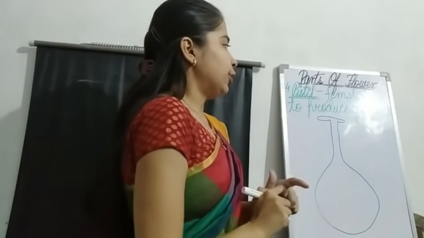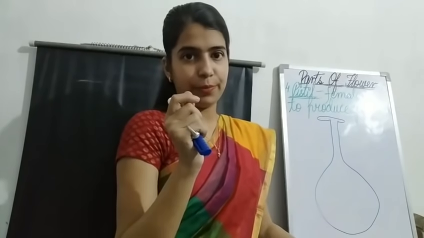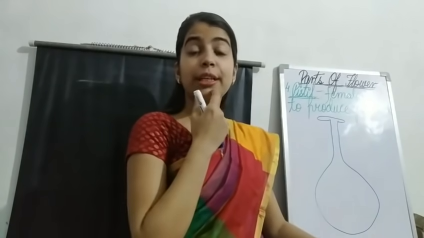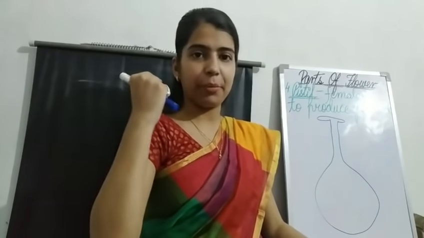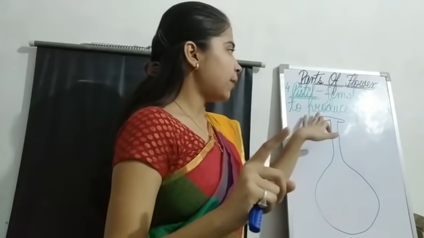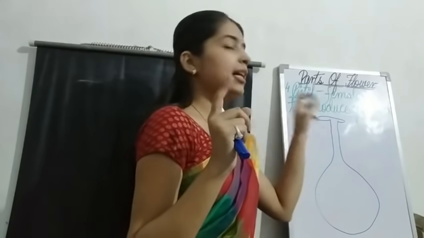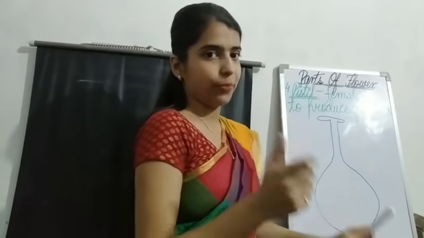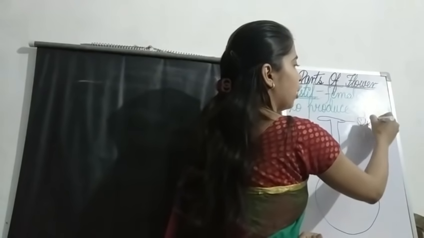Now, the topmost portion is a slightly sticky portion. This is the portion that will receive the male cells from the stamen. It has a sticky consistency, and this portion is called the stigma.